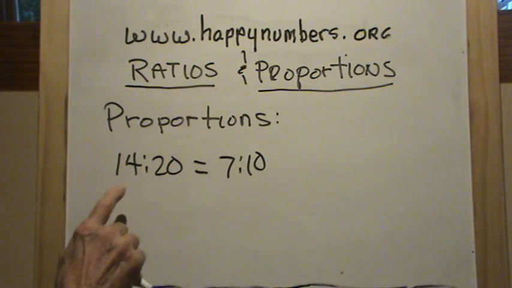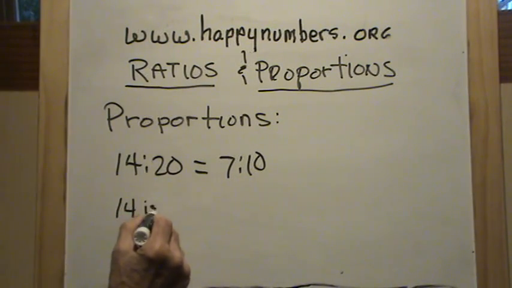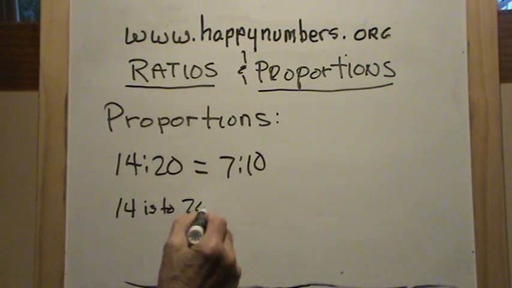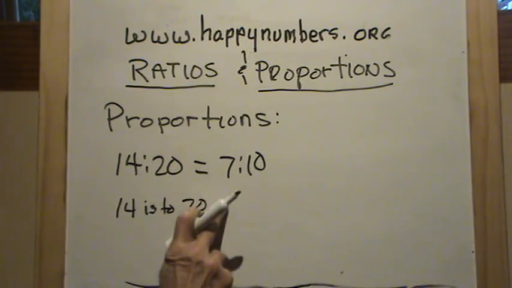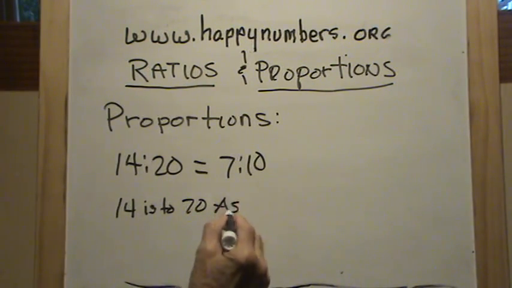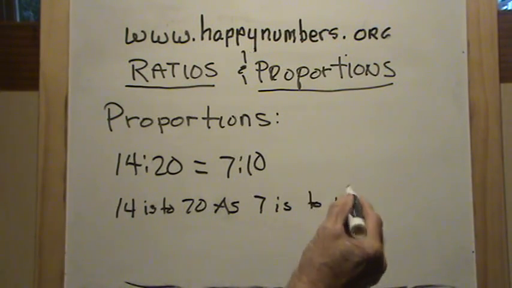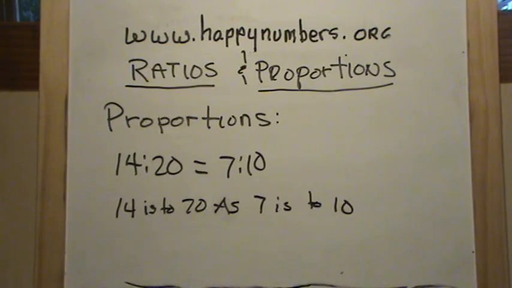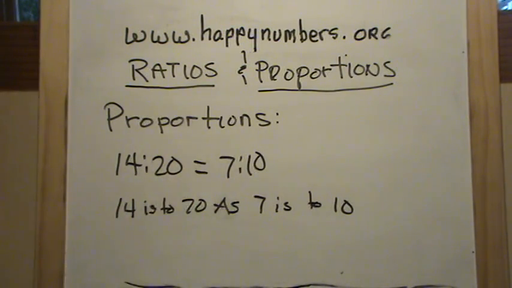Okay, this would be 14 is to 20 as 7 is to 10. So that's how you read or say a proportion.